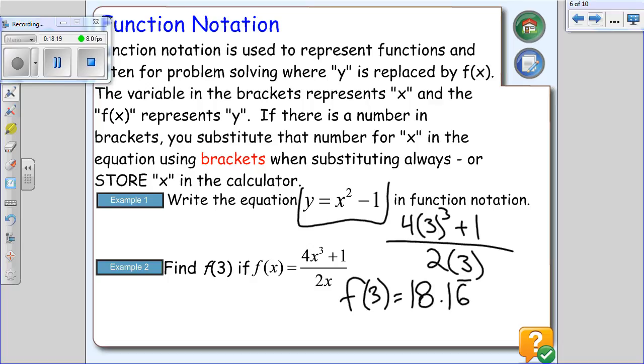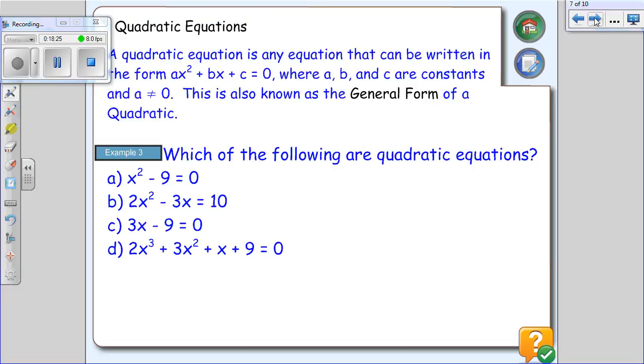Right now, what you've done up to this point is review, or should have been some sort of review. So now, grade 11, math 20, we move on into quadratic functions. Quadratic functions are going to be functions that aren't straight lines.